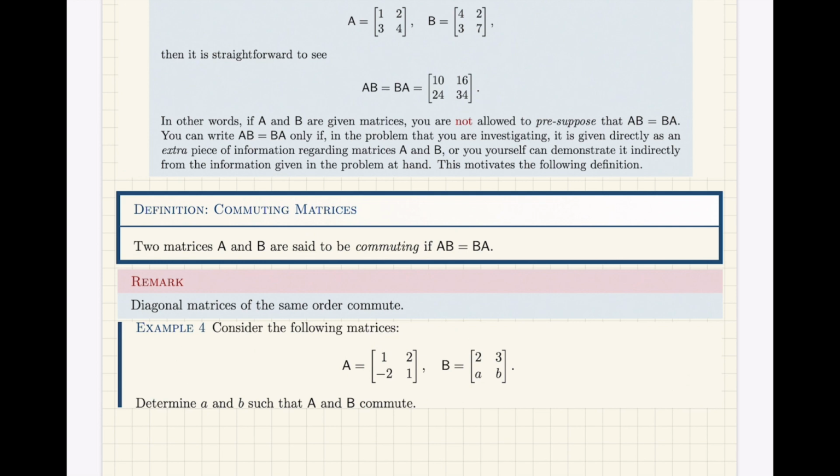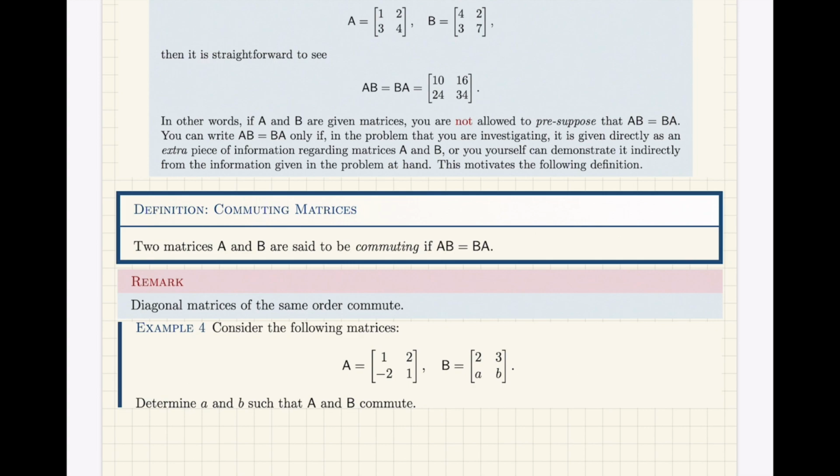It is important to have this information in your mind if you want to work with matrices. One very clear idea is that diagonal matrices of the same order commute. So one important class of commuting matrices are diagonal matrices of the same order.